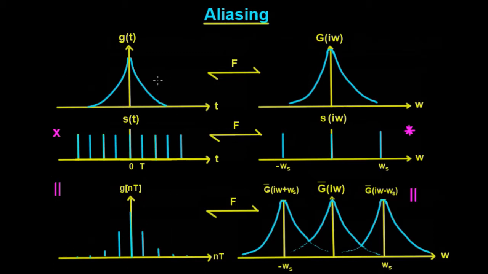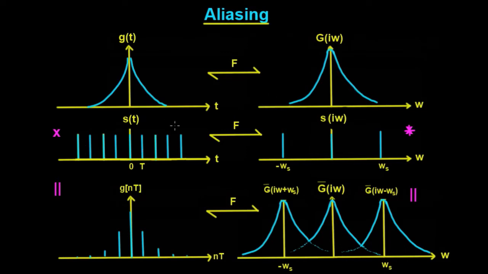Now if we were to take the Fourier transform of each of these, we'll take the Fourier transform of this g of t and let's say it gives this function g of i omega. Now this g of i omega is not band limited, so it could go on for a large distance in terms of the frequency axis.